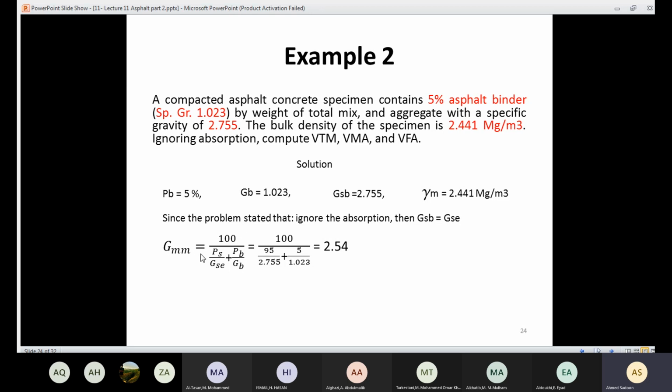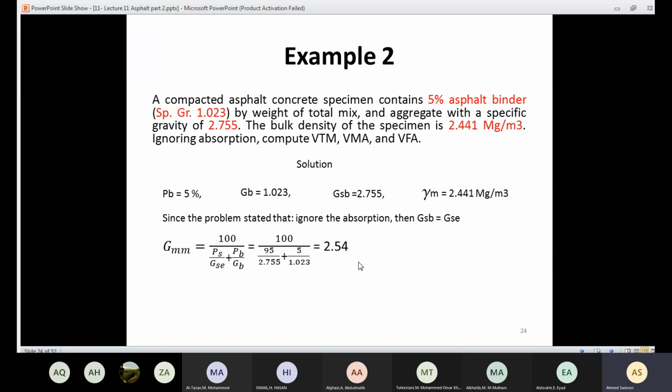We have the P sub S, which is going to be 95% because this value is 100% minus 5%. And the value of P sub B is 5%, given here. The value of GSE is the same as the value of GSB, so this one is going to be 2.755, while the value of GB is given here, which is 1.023. So the GMM came out to be 2.54.